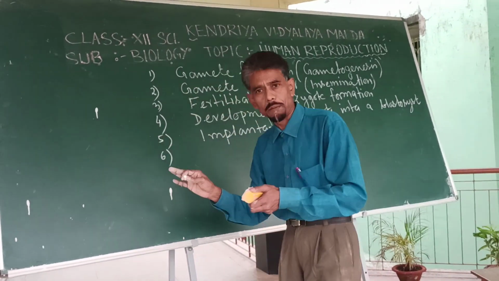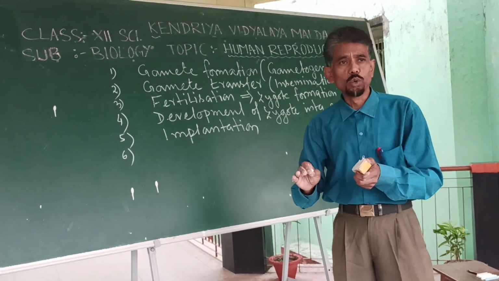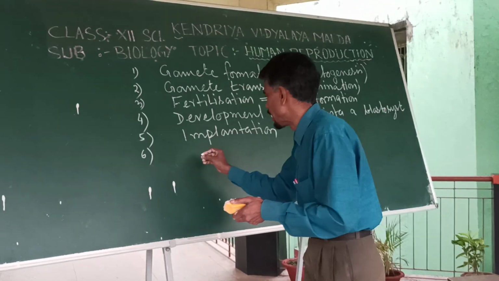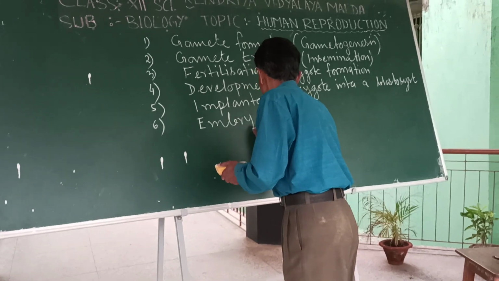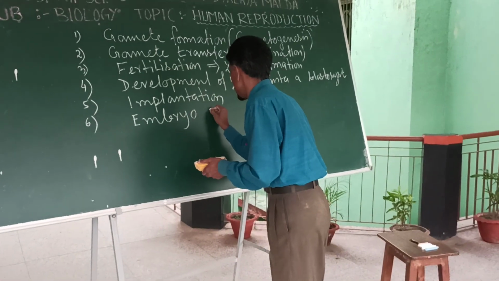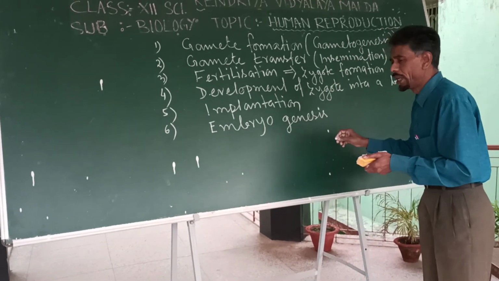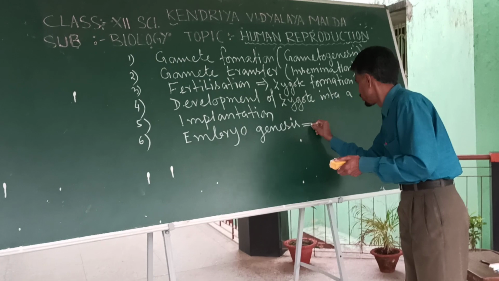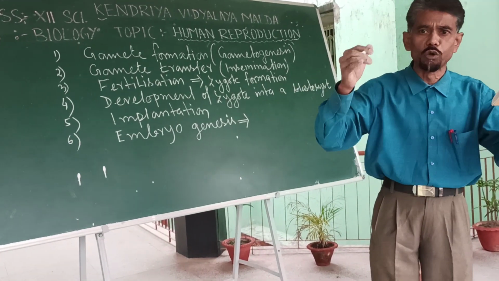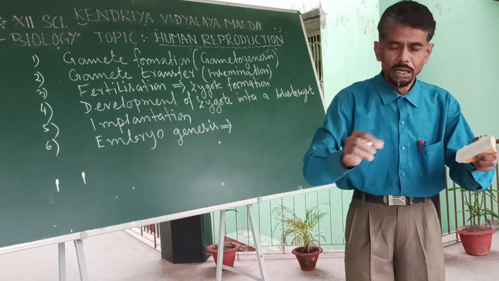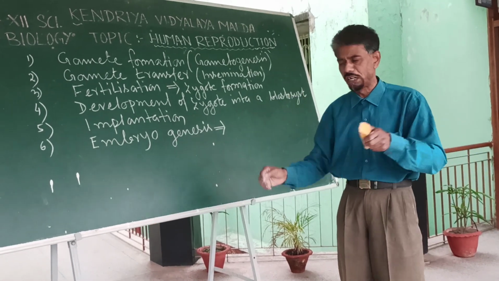Sixth or next step, development of blastocyst into an embryo, that is embryogenesis. The whole period of embryogenesis, through which embryo gets converted into a mature fetus, this period we call gestation period or gestation.